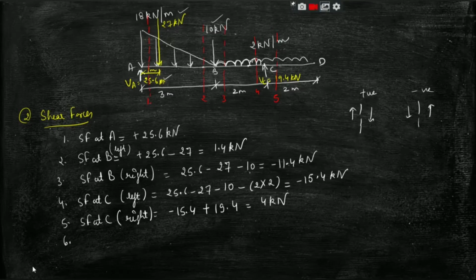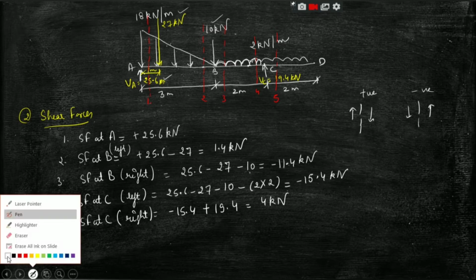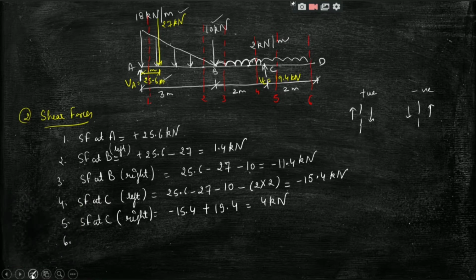Now to calculate the shear force at D, I will take a section just at the left hand side. So this is section number 6. The shear force at D will be all the previous loads, plus, if we look at the left hand side of section 6, another load acting, which is this UDL on the CD portion of 2 meter length.